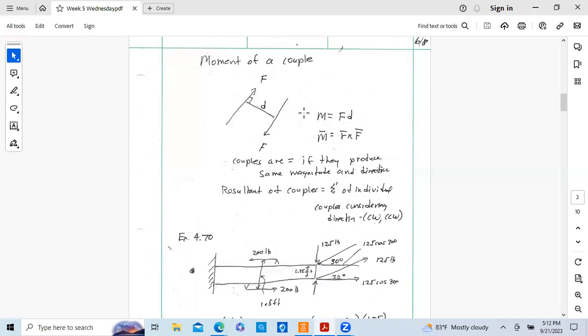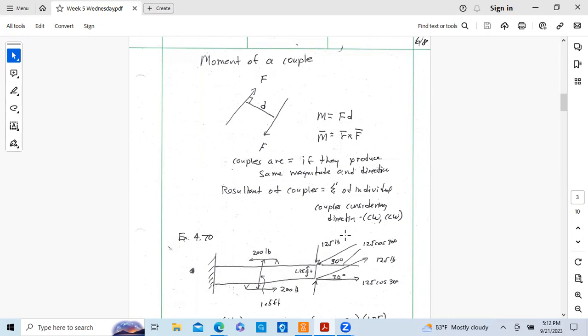Couples are equal if they produce the same magnitude and direction. Resultant of couples is the summation of the individual couples. And you remember the notation that we used as we sum forces, we have plus forces and minus forces. We need to be able to add plus and minus. Same thing with couples.